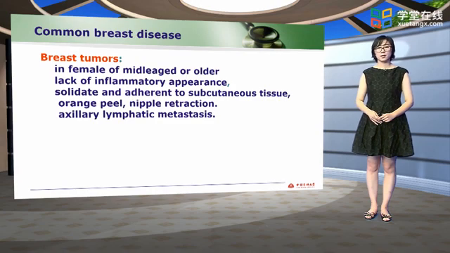So we can see the skin looks like an orange peel, and often can see nipple retraction. In some conditions, we can also see axillary lymphatic metastasis.